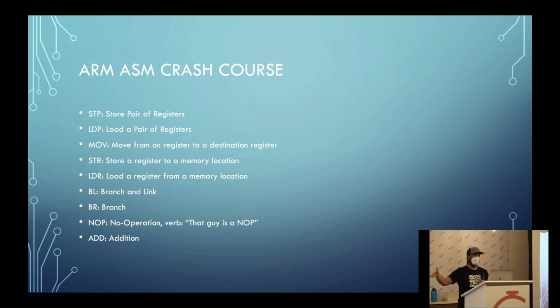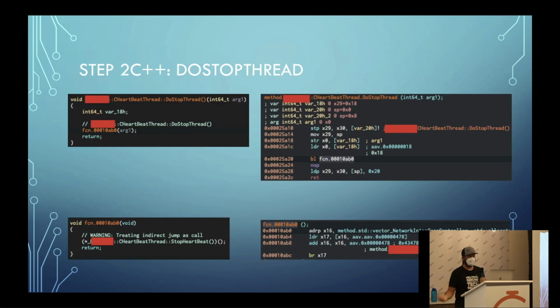Branch is when you're just going there and you don't need the processor to know where to come back to. Usually a branch and link has like stack frame pushing and all of that other magic, if you remember from operating systems. Nop, don't do anything. Used as a verb, that guy's a nop. You can add that one to when you're making fun of your coworkers, and then add, which is addition.